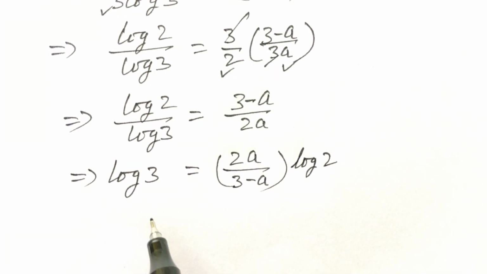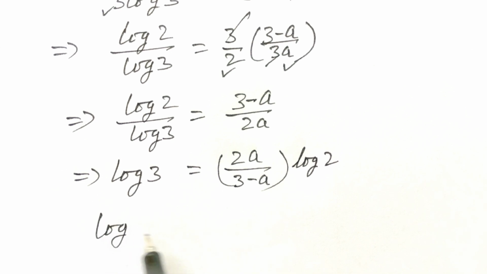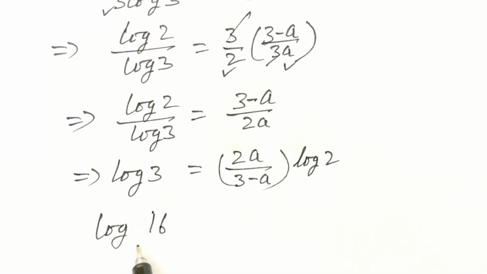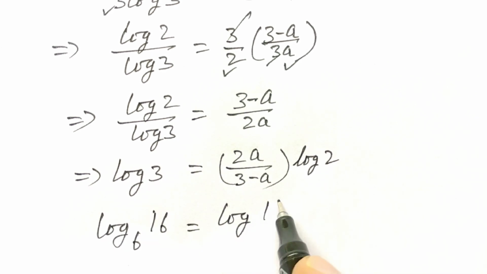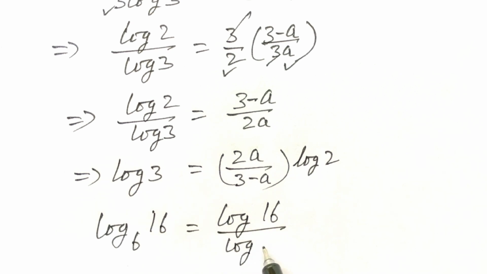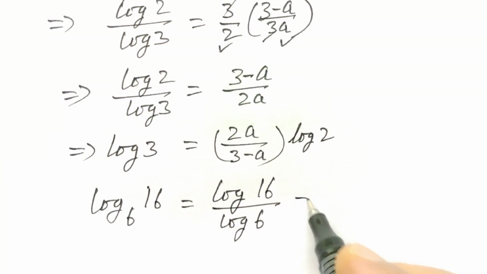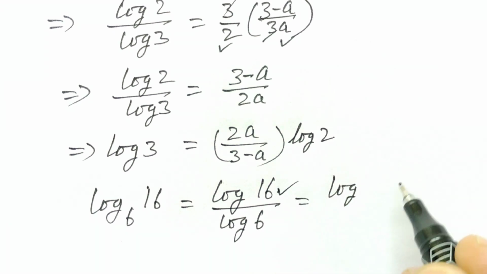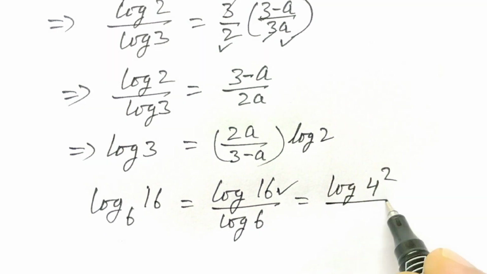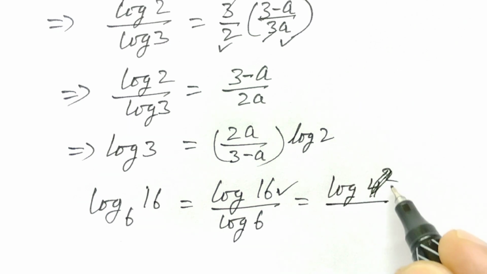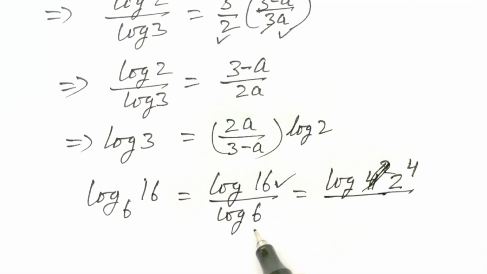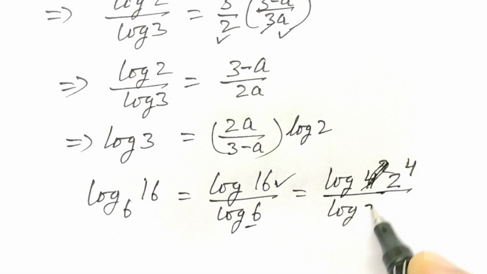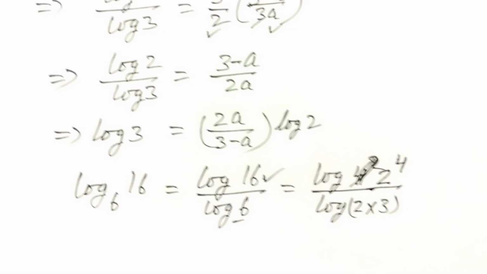Now we have to find out the value of log of 16 to the base 6, which is equal to log of 16 over log of 6. Fine. So log of 16, we will write log of 2 to the power 4, right, over log 6, log 2 into 3, right.